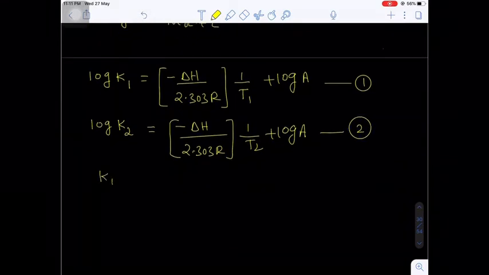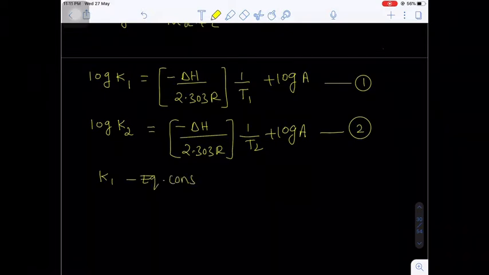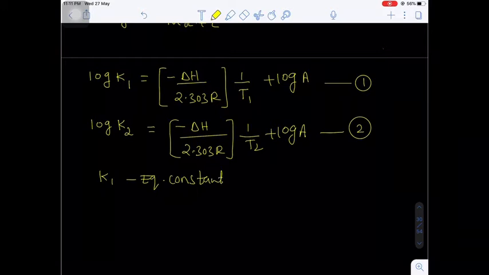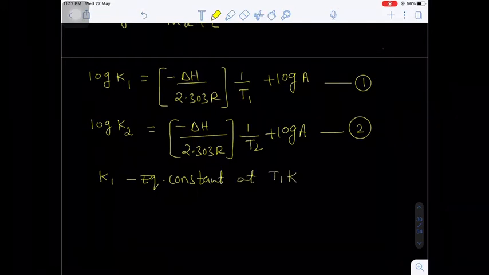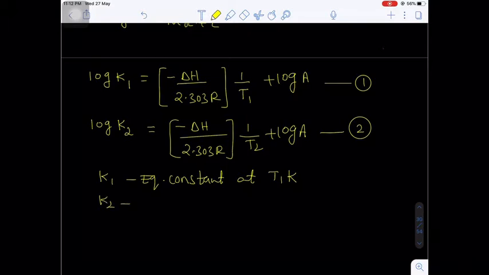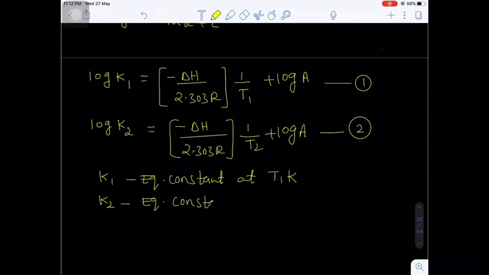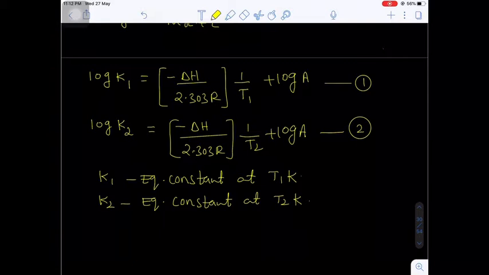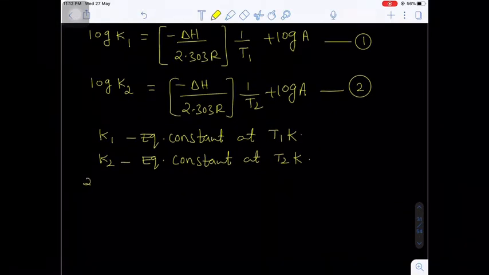In equation 1 and equation 2, K1 is the equilibrium constant at T1 Kelvin temperature, and K2 is the equilibrium constant at T2 Kelvin temperature.